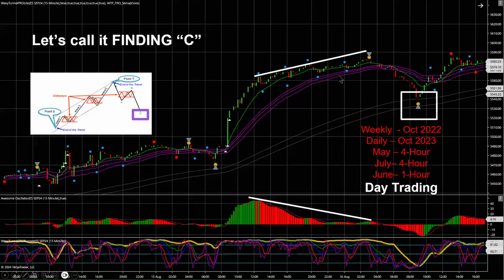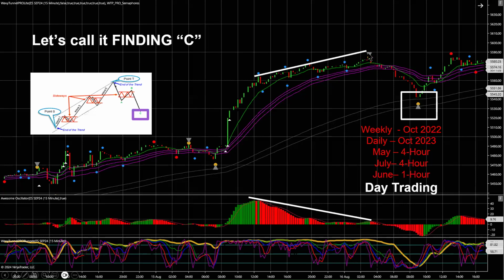But you can set up the moving averages yourself and look for the Elliott wave structure. When the wave separates from the tunnel dramatically, we're in a wave 3, which is the strongest and the longest move most often. And then when the market settles down and we have divergence in the awesome oscillator, that's the end of the swing move.